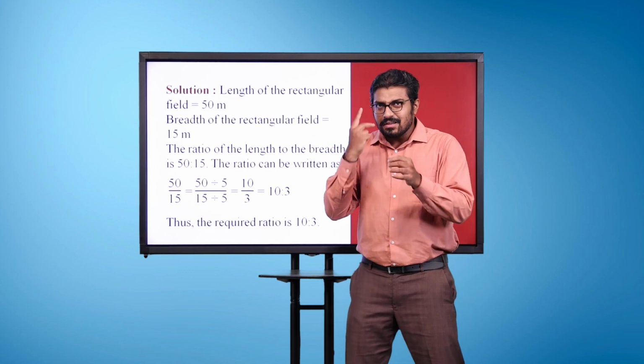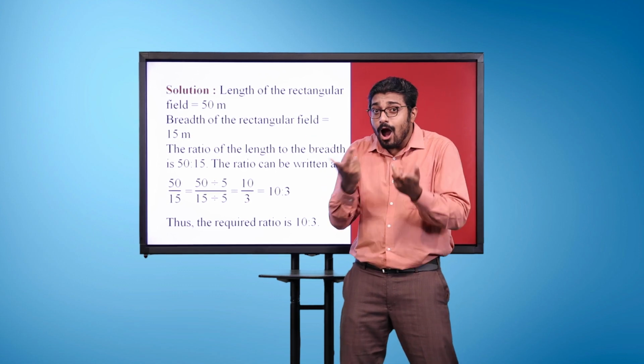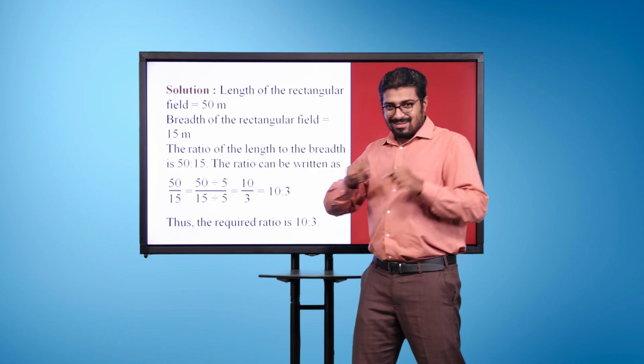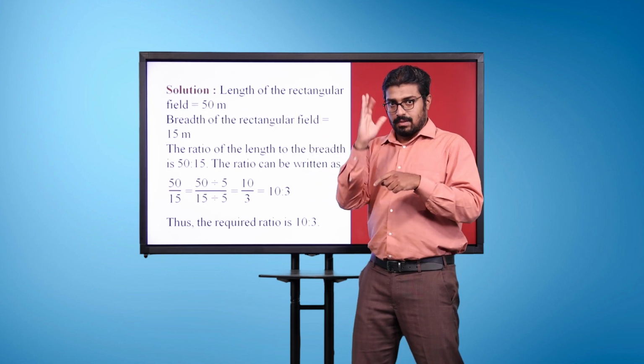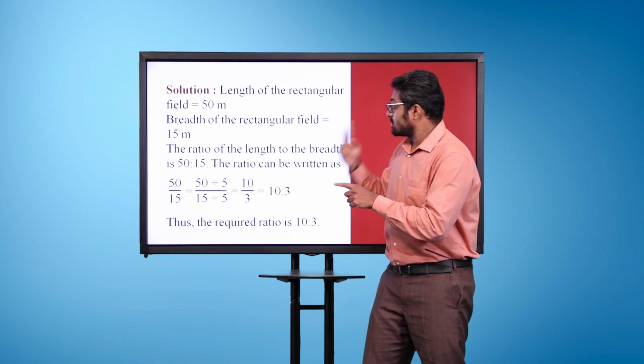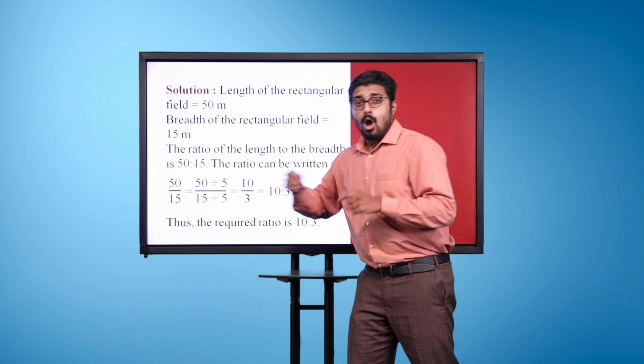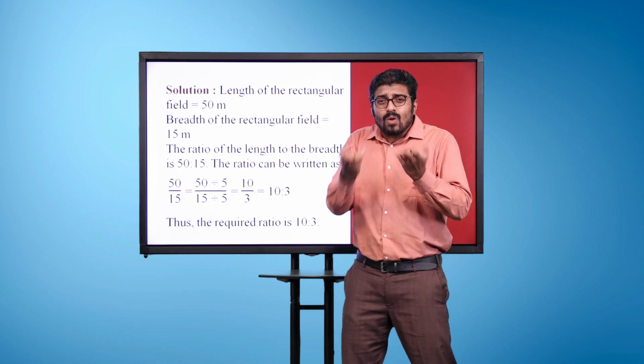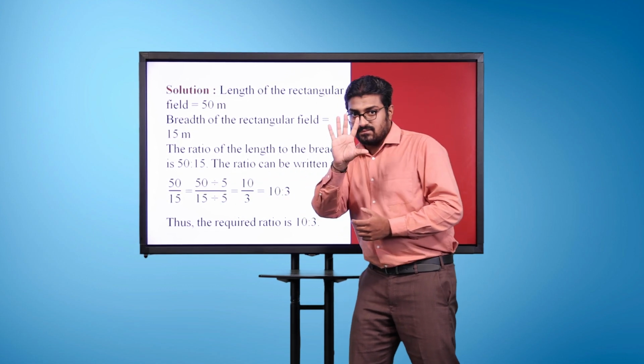Solution. Length of the rectangular field is equal to 50 meters. Breadth of the rectangular field is equal to 15 meters. The ratio of the length to the breadth is 50:15.